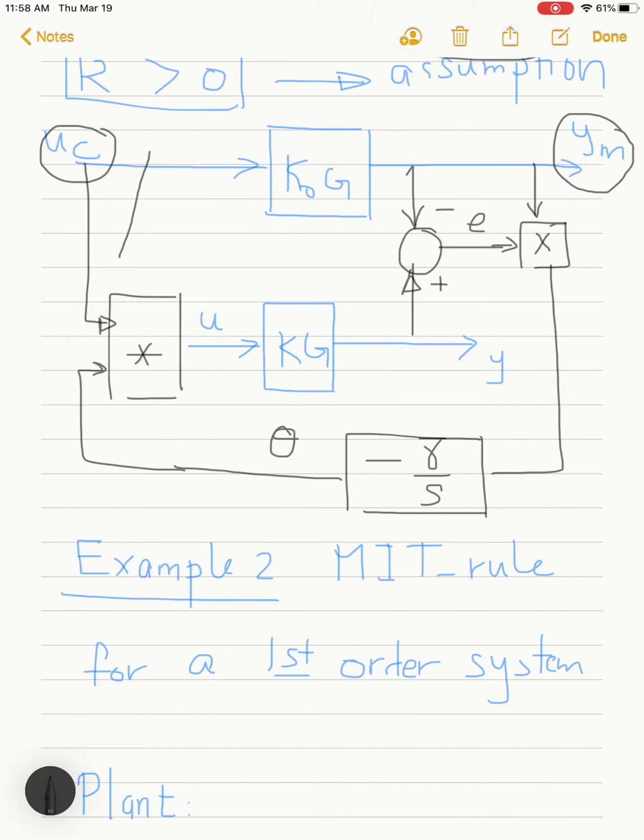So this is a block diagram that illustrates how to implement a model reference adaptive controller for a special case when you have an unknown gain.